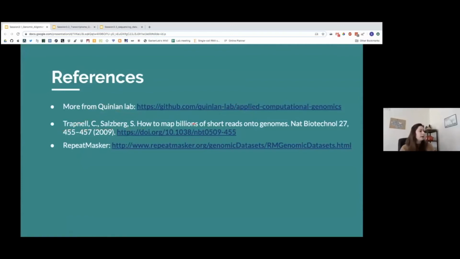And if you want to read more on the problem of mapping billions of short reads, this is also a really good paper, and although it's from 2009, it has aged very well. And this is the reference for RepeatMasker. And now you guys will go through the genome alignment exercise, and we'll come back for transcriptome quantification.